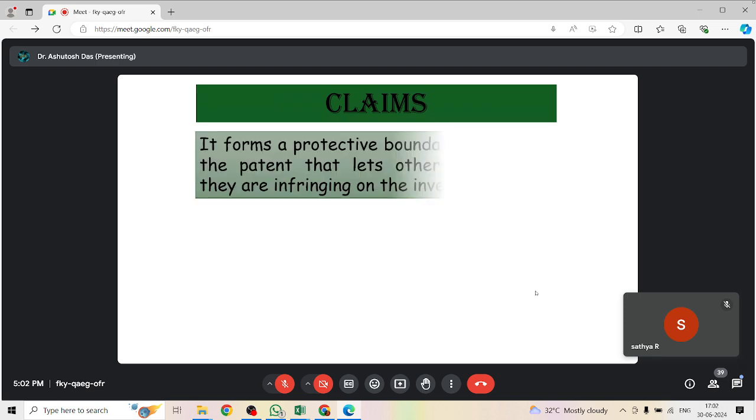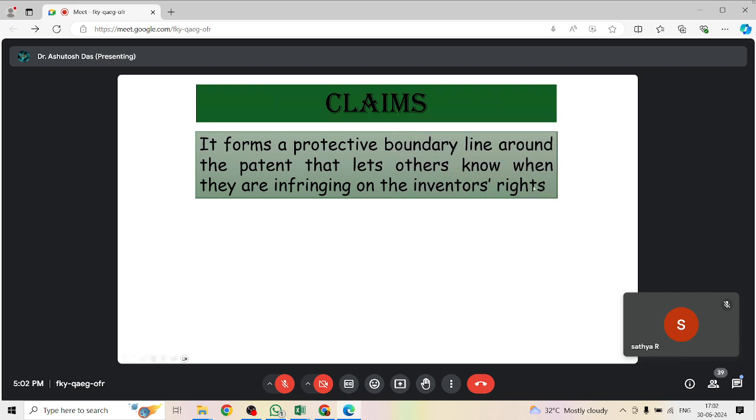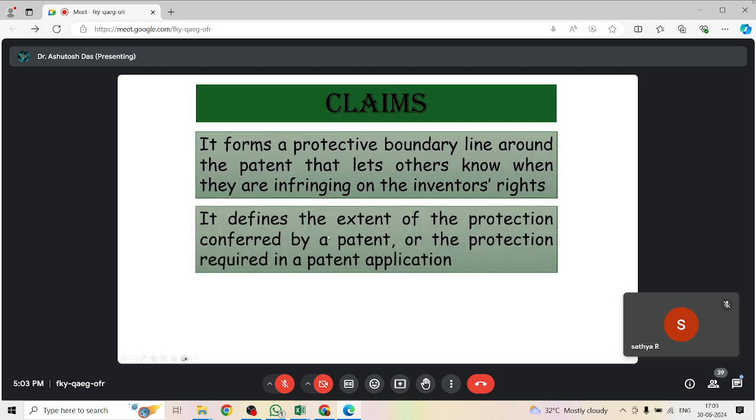Now, I am going to focus on claims only, because that's the most crucial part. I am giving different types of claims because this is the heart of the entire patent. It is the protective boundary line around the patent that lets others know when they're infringing on the inventor's rights. It defines the extent of the protection conferred by the patent or required by the patent applications.